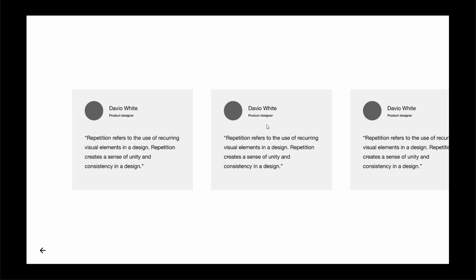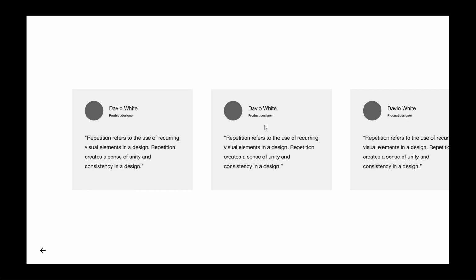Such examples can be reviews on websites and product pages, such as the product cards on e-commerce platforms showcasing the different products that they sell. So instead of having a different card design, we use one of the major principles of visual design, which is repetition.